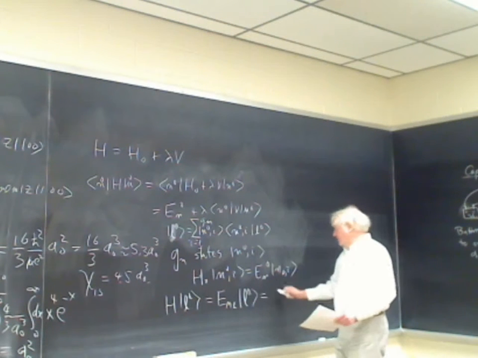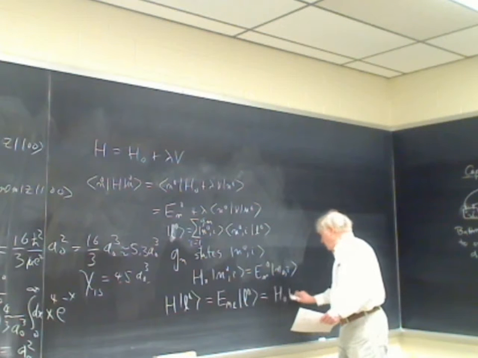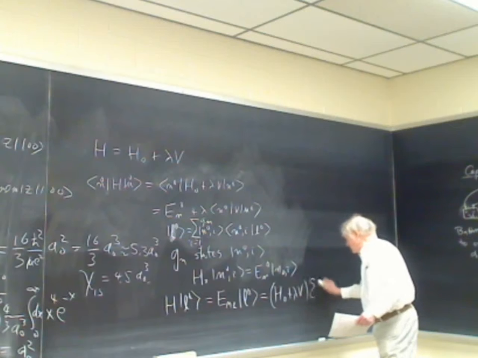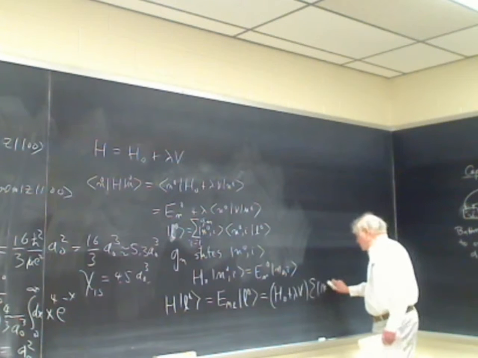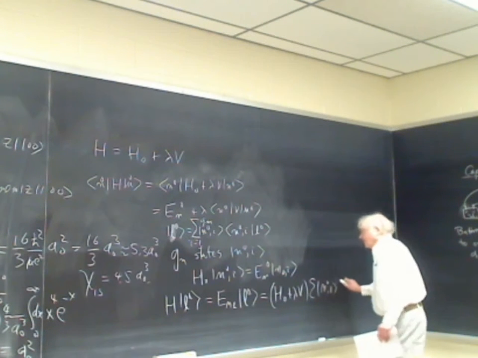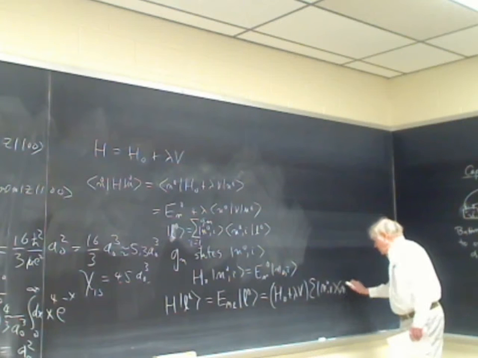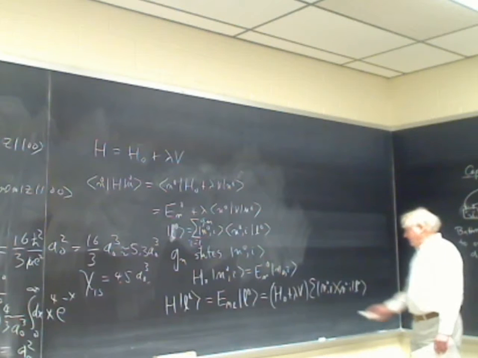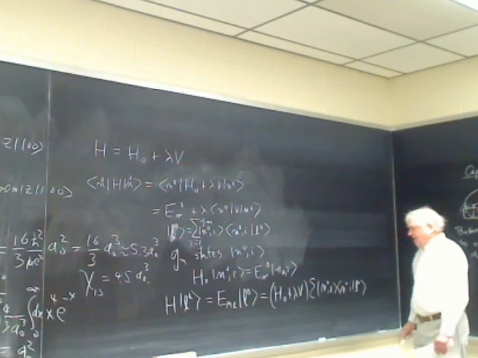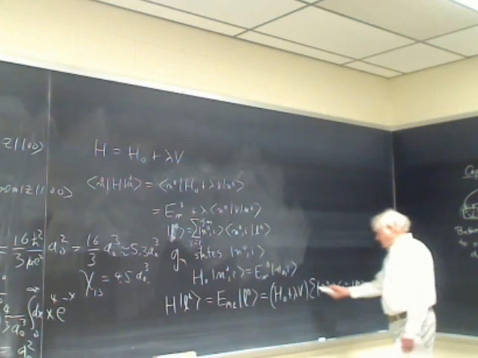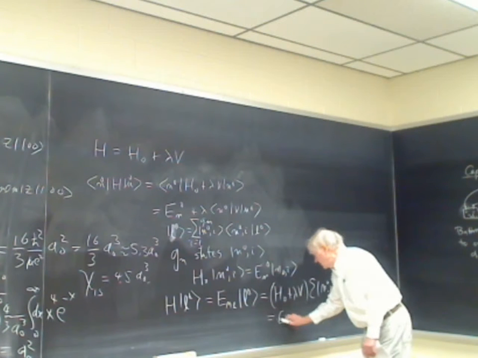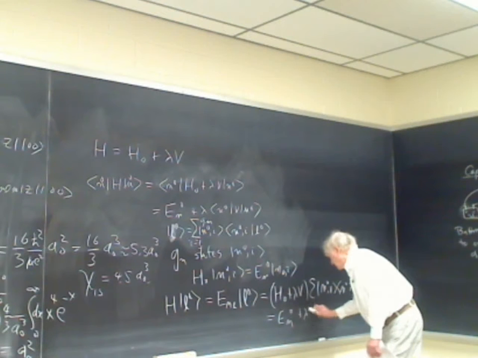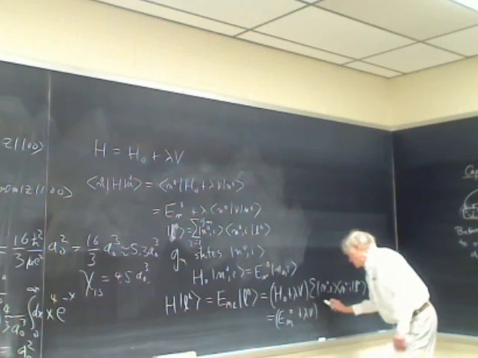Now when H acts on this, you're going to have H0 plus lambda B acting on the sum of n0,i, and H0 on these gives En0, plus lambda B on this sum.